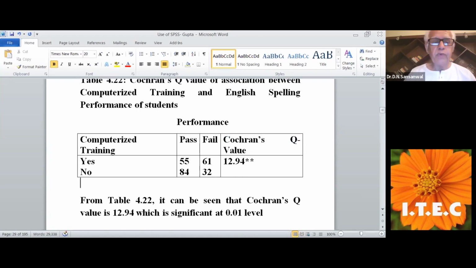So here I am putting the double star, significant at 0.01 level.